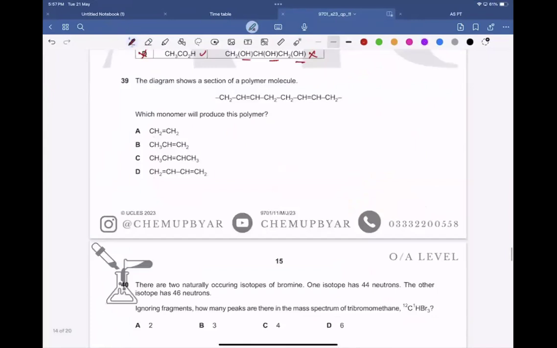Okay, now question number 39. The diagram shows a section of a polymer. Which monomer will produce this polymer? Okay. So isn't it, this is the repeat unit? So if this is the repeat unit, right now I am making the repeat unit.